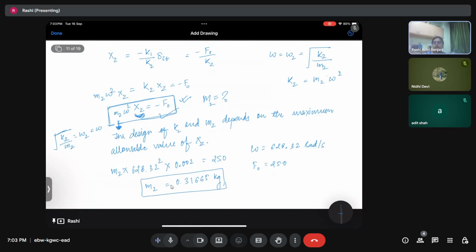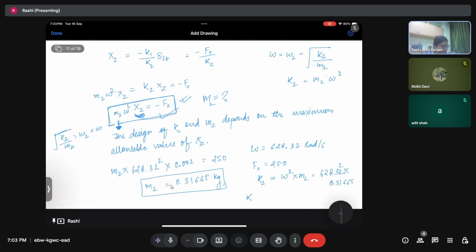Second, we need to find the value of K2, which is going to be omega square into M2, which is 628.32 square into 0.31665.